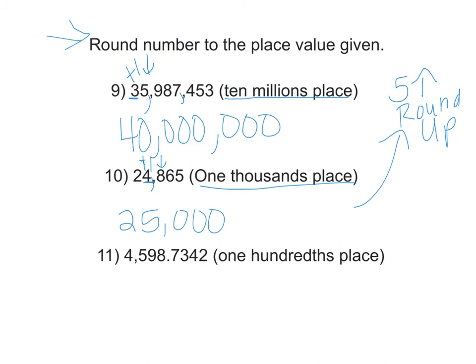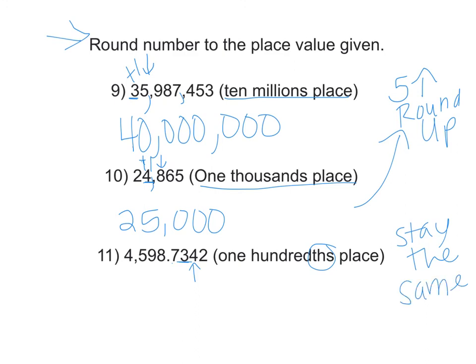All right, so let's double check your work. So 1/100ths. Okay, so that means this TH means it's after the decimal. So I look at my tens, and then my 3 is in my 100th spot. So that means I'm looking at this 4. The 4 is less than 5, so that means I'm going to stay the same.